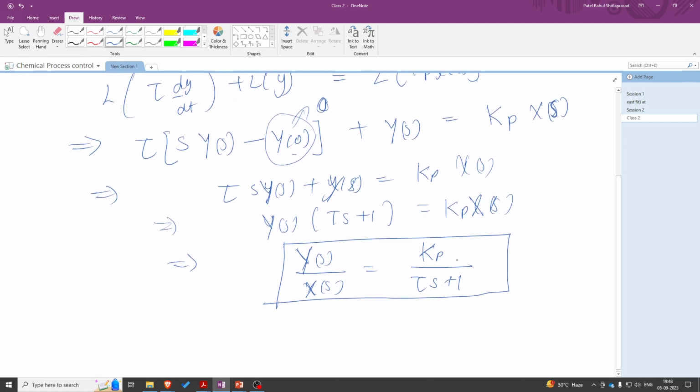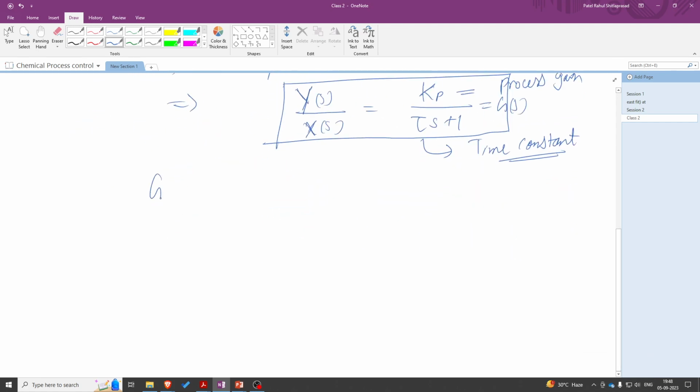In general, Kp we call the process gain, and tau the time constant. We are naming these parameters, and such a representation we call the transfer function representation, and we denote it as G(s).